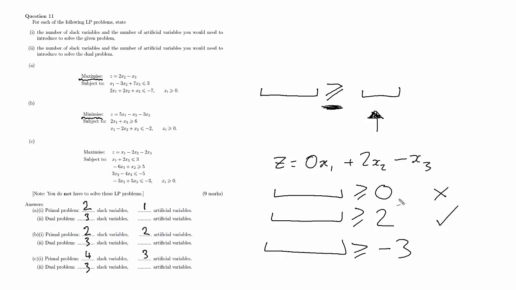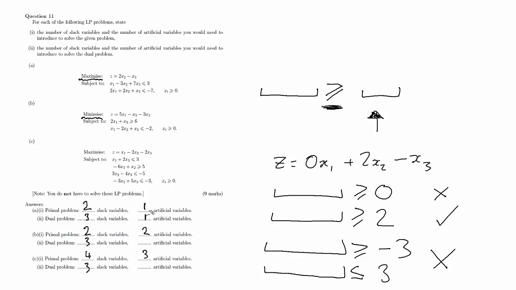And minus 3, if we rewrote this constraint, would be something less than or equal to 3, so this one is not going to introduce an artificial variable. So we only introduce one artificial variable for the dual of part A.